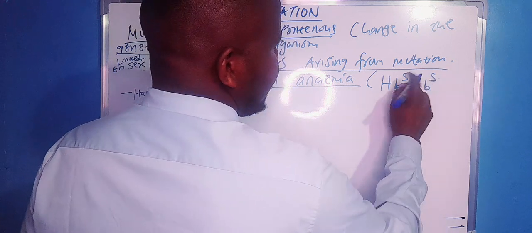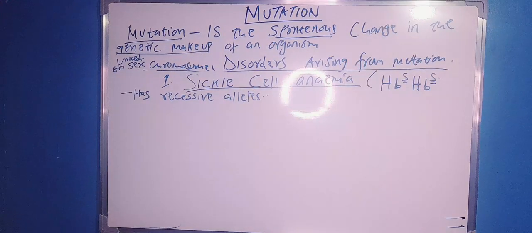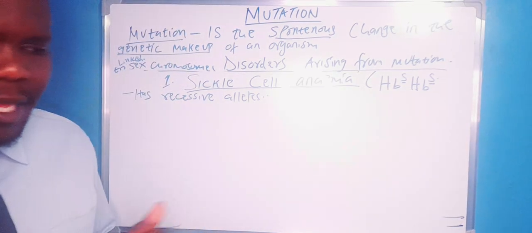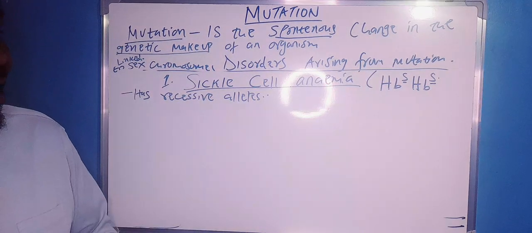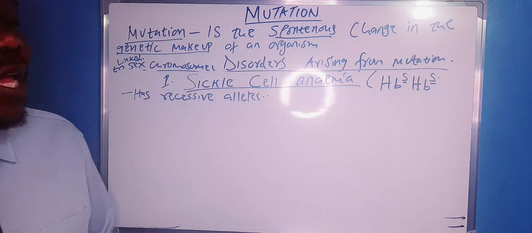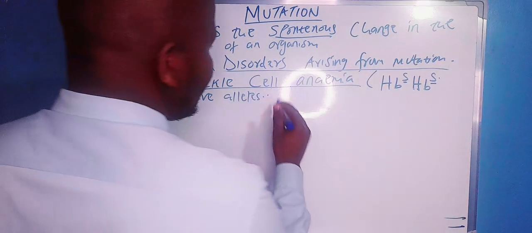This is what I'm speaking about, recessive alleles, those S and S. The normal hemoglobin person will be having HbA, HbA, that's homozygous. Then we have the heterozygous, that is the sickle cell trait, which will be HbA, HbS. So these are recessive alleles. I hope you have understood the recessive alleles.